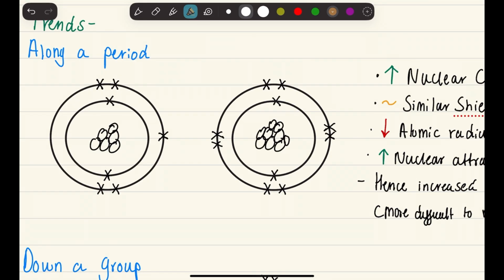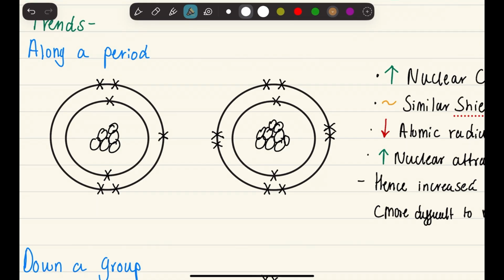Because they have the same number of shells, there's a phenomenon called shielding. This shielding is how the nuclear charge passes through the electron shells to attract the outer shell of electrons. The shielding is similar because there's the same number of shells, so there are the same barriers that the nuclear attraction needs to go through to get to the outermost electron.